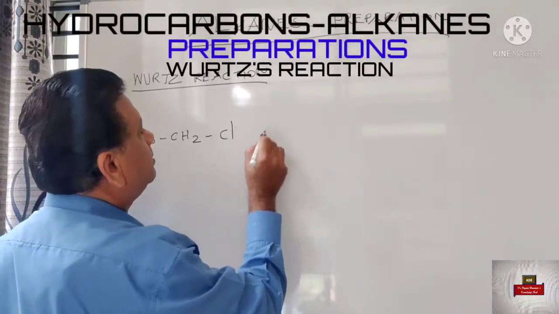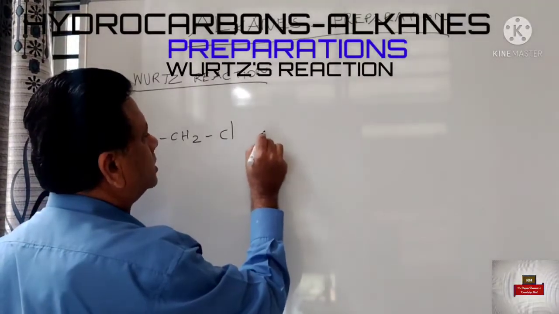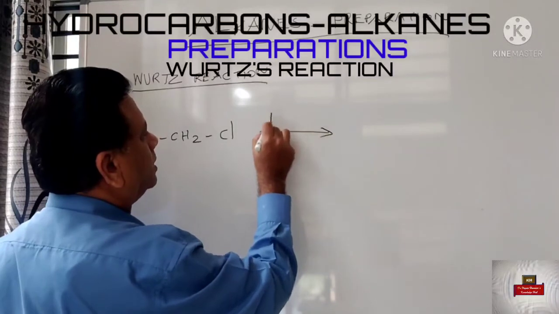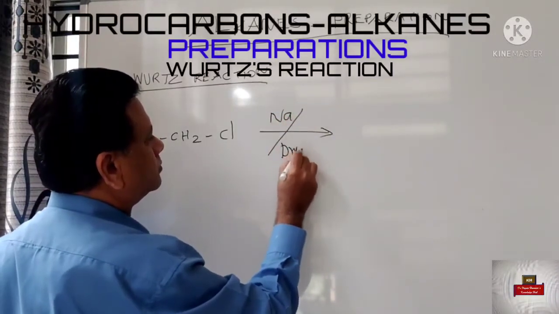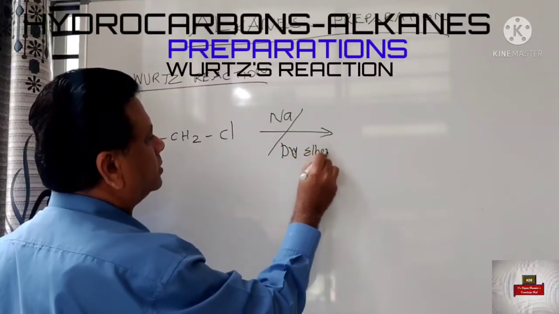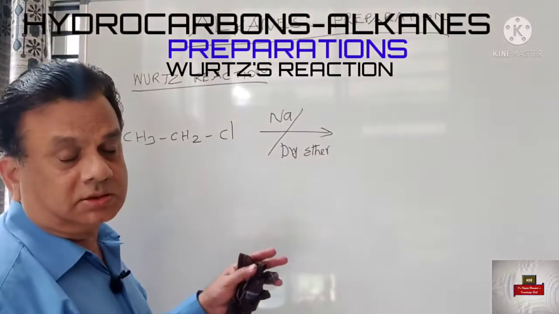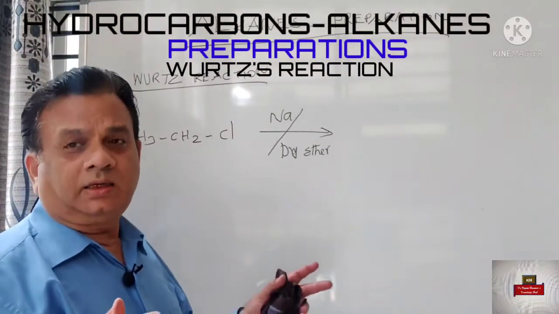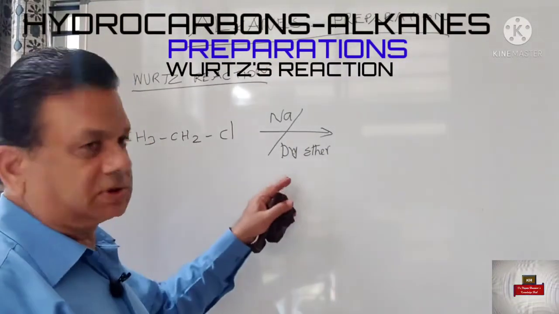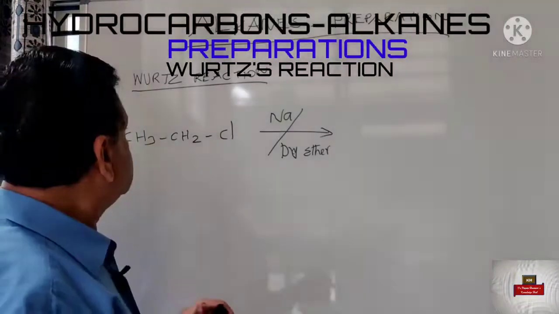Now, what is the medium here we are going to use? Sodium in dry ether. Why do you use dry ether? Because dry ether controls the violent reaction of sodium. So it's essential to use dry ether.